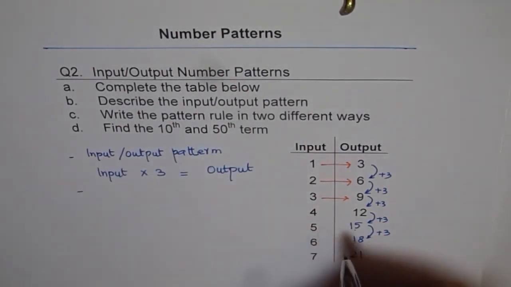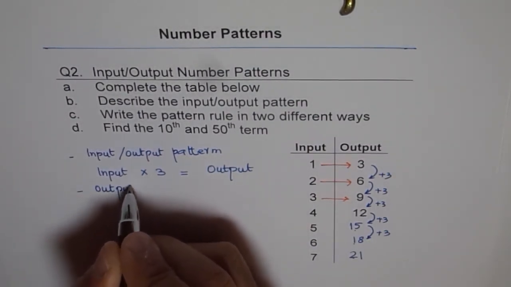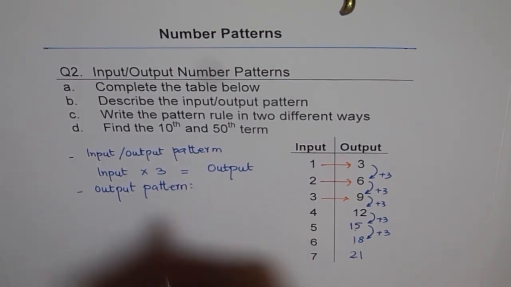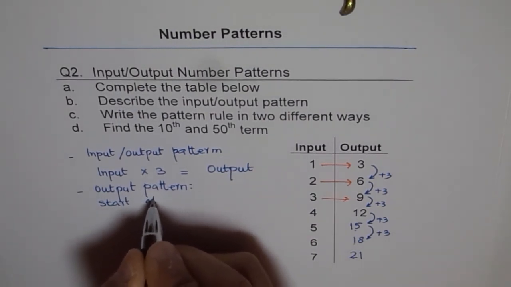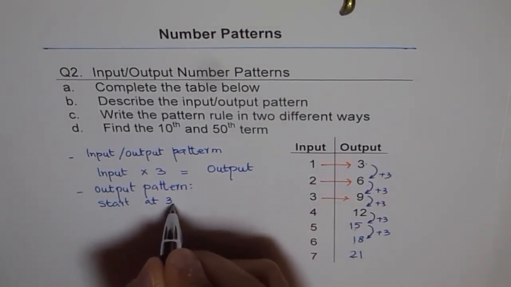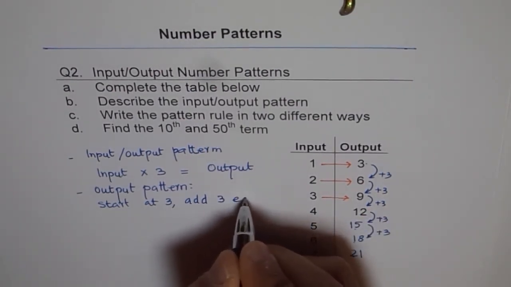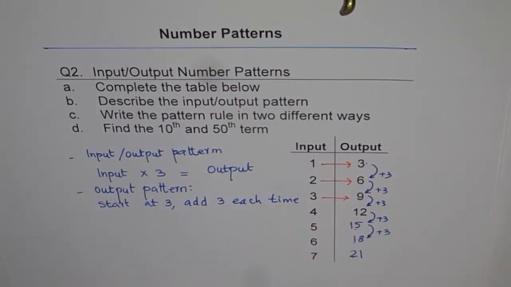We can write pattern rules for output. So what is the output pattern? Start at 3 and then add 3 each time. That is one pattern.